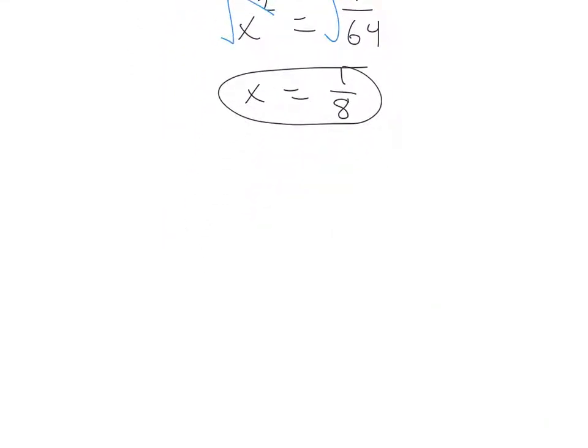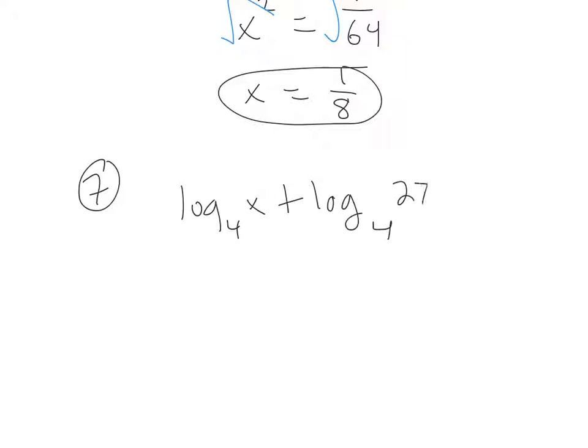This one is a little bit tricky because we haven't learned about this just yet, but we will. So we've got log base 4 of x plus log base 4 of 27, and that is equal to 3. Whenever you have the same base right here and here, we've got 4, and we've got some addition happening, this is just another way to rewrite the logs as a product.